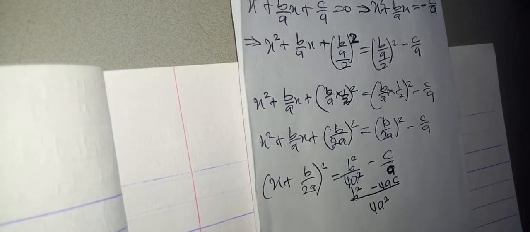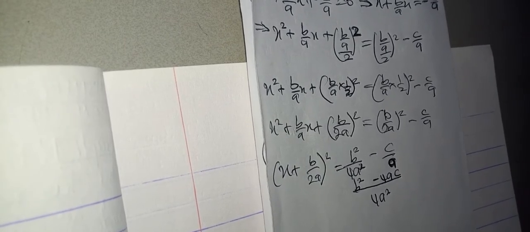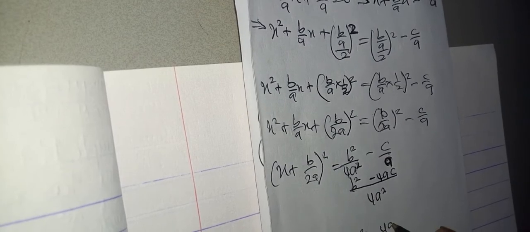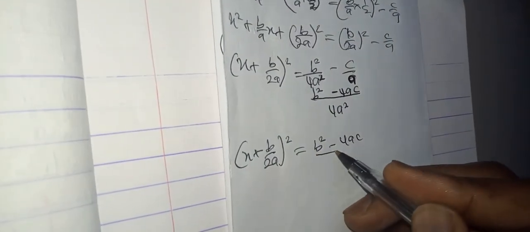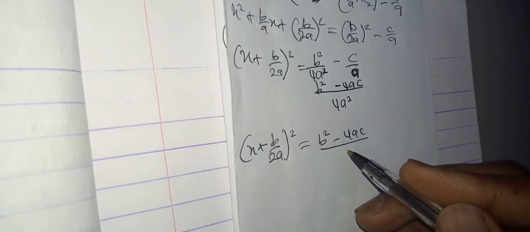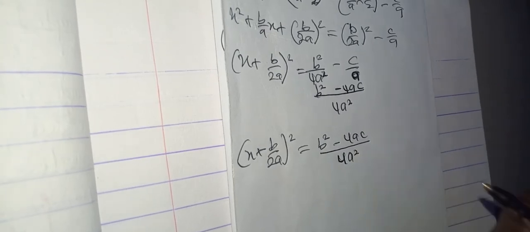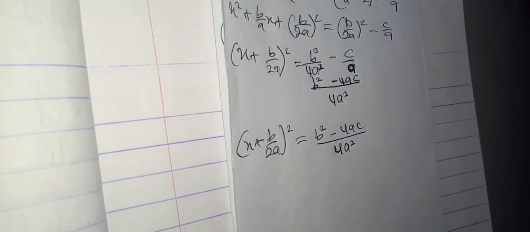So eventually I'm going to have s plus b over 2a all squared is directly equal to b squared minus 4ac all over 4a squared. That's what I have.